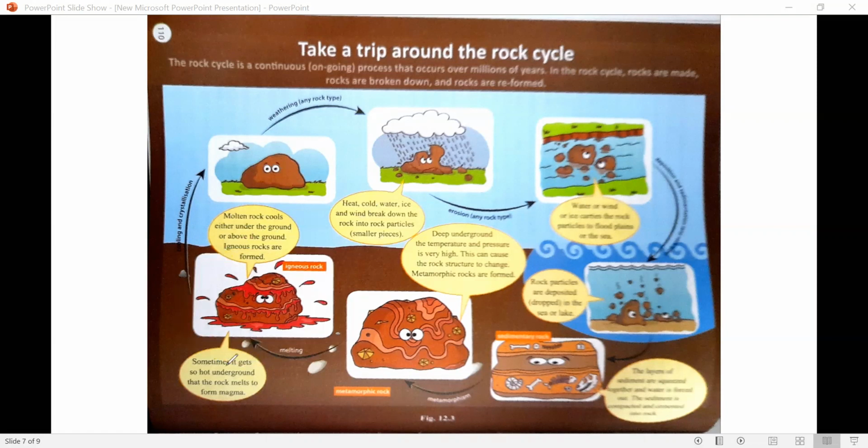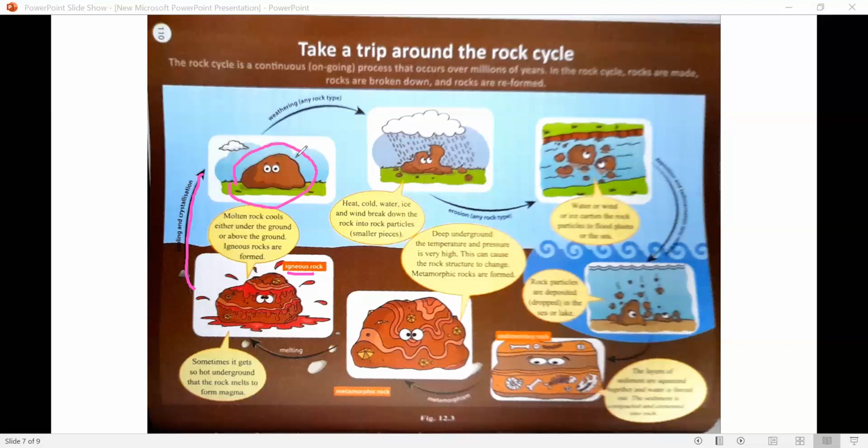Sometimes it gets so hot underground that the rock melts to form magma. Okay, so this is the igneous. Let's take a look at what happens when this igneous rock cools down and crystallizes. So this igneous rock cools down and crystallization happens in this rock, and then it forms a rock like this.